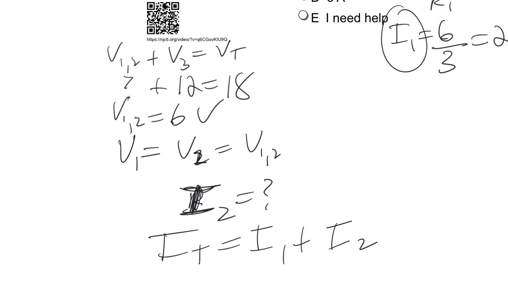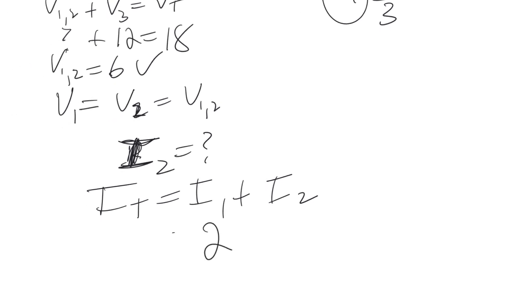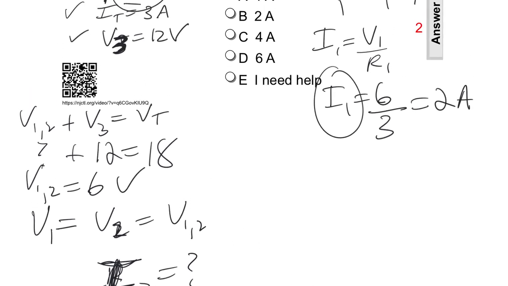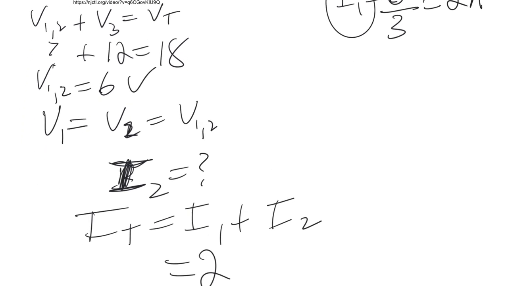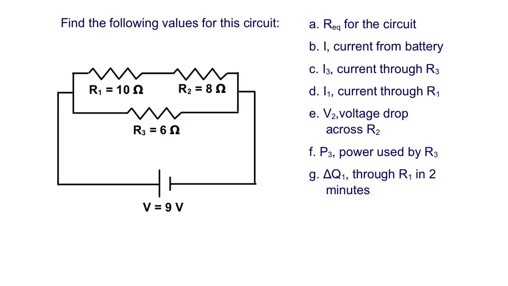And I have I1 already. I solved it. It has 2 amps. And I know the total current is 3. So I can solve for I2 is equal to 1 amp. Okay, so all kinds of things I can ask you there.